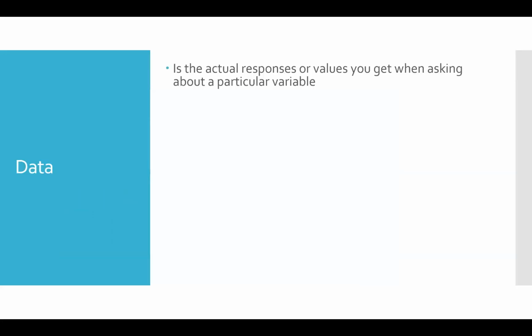So data, we did talk about on Tuesday, is the actual responses or the values you get when asking a particular variable. So for example, if I were to ask you all, what is your eye color? The response that you give me, kind of the answer, if you will, to that question would be my data. Okay, so examples again with eye color: blue, green, hazel, brown.